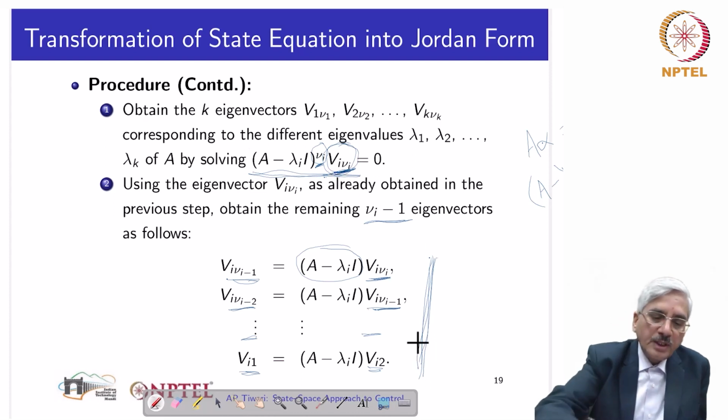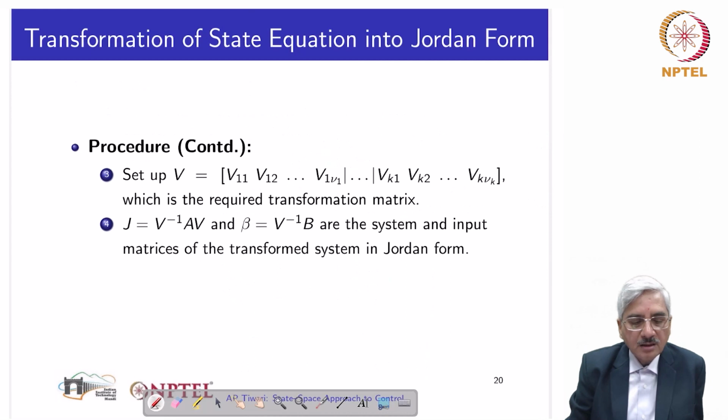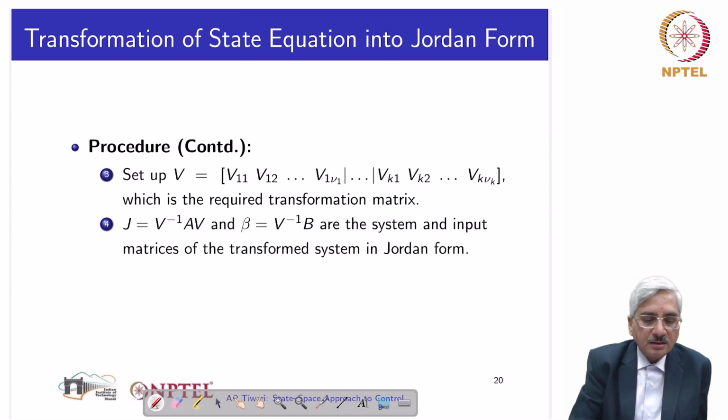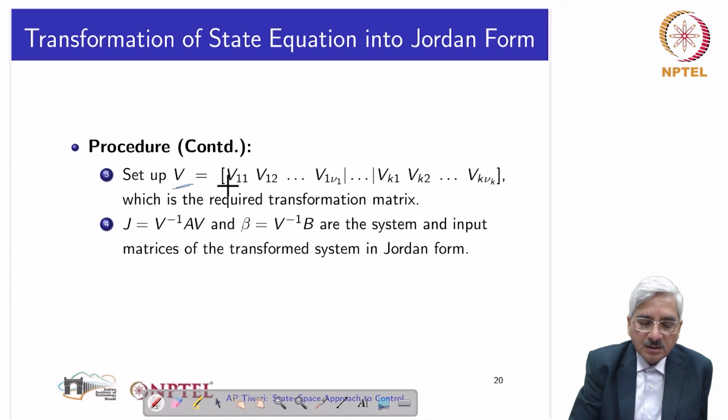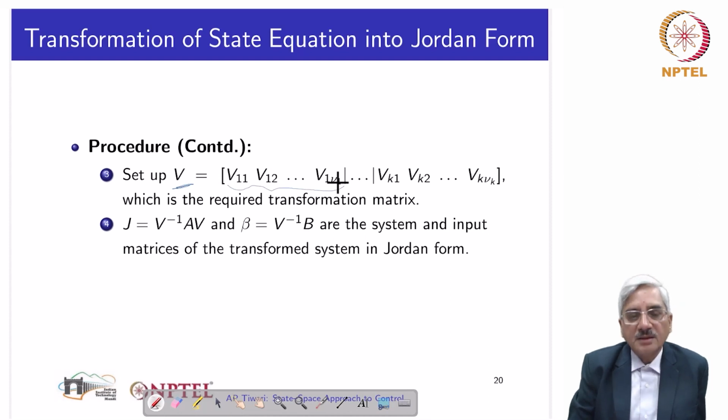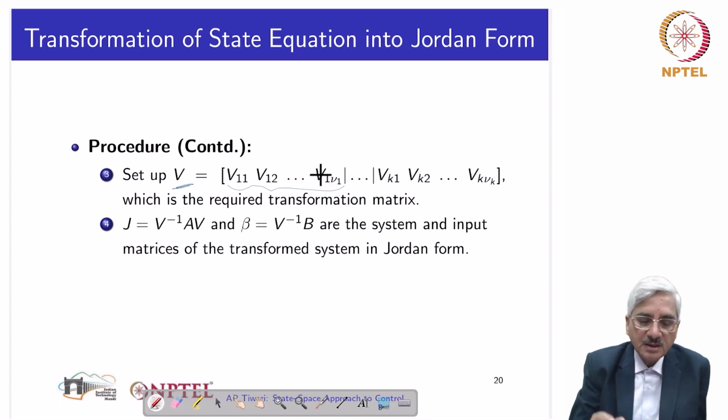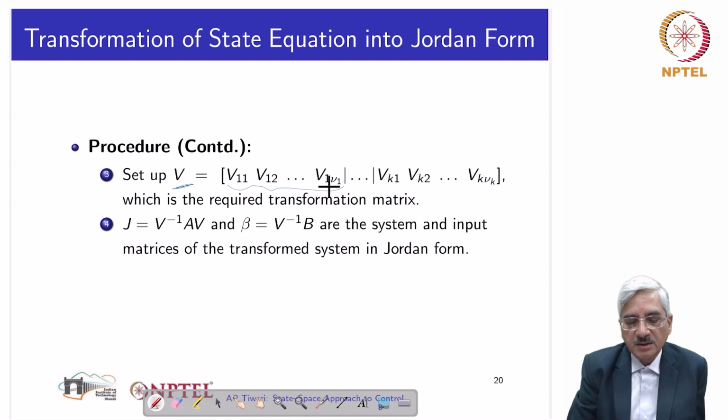Of course, when we have solved for all the eigenvectors, the next job is to assemble these eigenvectors in the matrix V. So the nu 1 eigenvectors obtained previously, as was shown, are assembled to get the first nu 1 columns. Similarly, for lambda 2, we will get nu 2 columns, and so on.